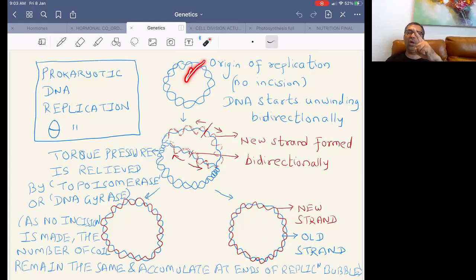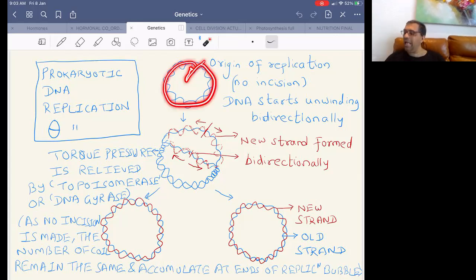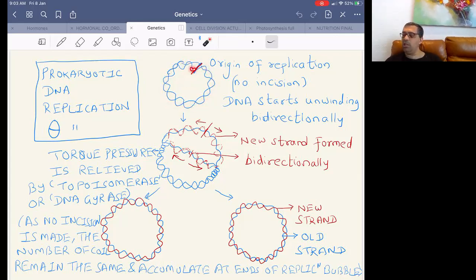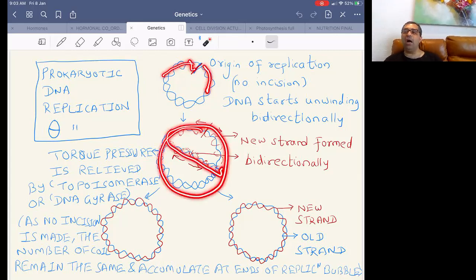Here we have only one origin and no incision is made by endonuclease. So circular DNA remains circular. And what is broken on either side? Hydrogen bonds by helicase, which then looks like the Greek alphabet theta. Theta, and it's called theta replication.